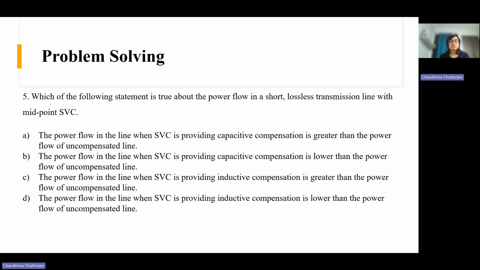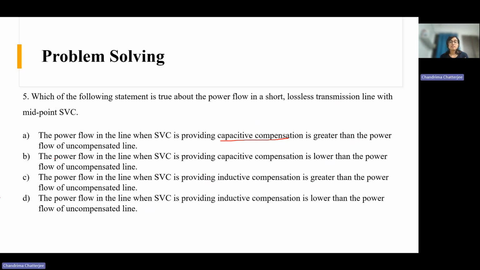The fifth question, which of the following statements is true about the power flow in a short lossless transmission line with midpoint SVC? The first option says the power flow in the line when SVC is providing capacitive compensation is greater than the power flow of uncompensated line.